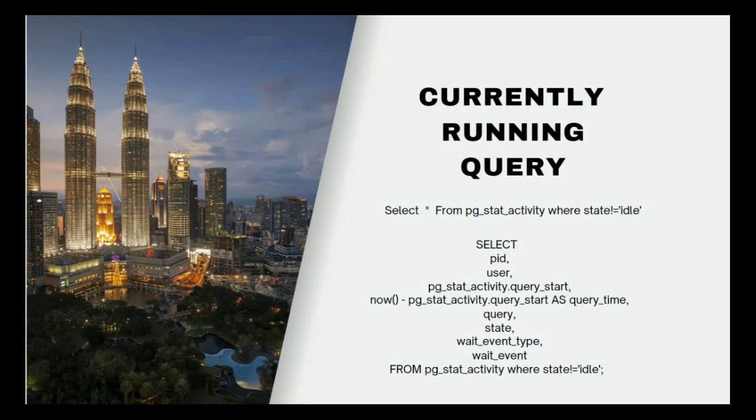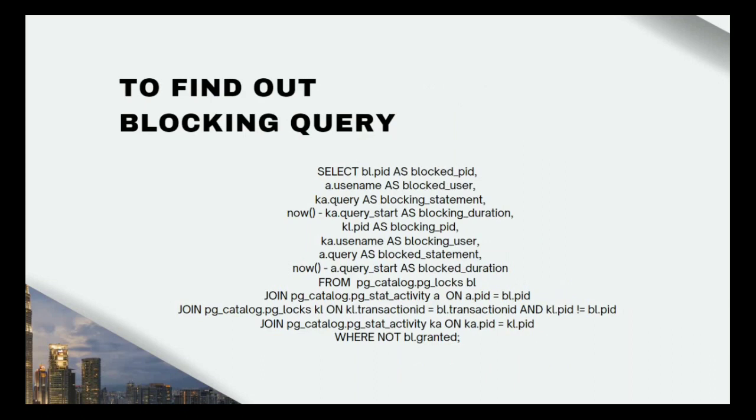Through it we can see the query, its process ID, the query start time, the wait event, the process, and the IP address. All the details we can get through the pg_stat_activity view. Also, we can find blocking queries by joining pg_locks and pg_stat_activity.